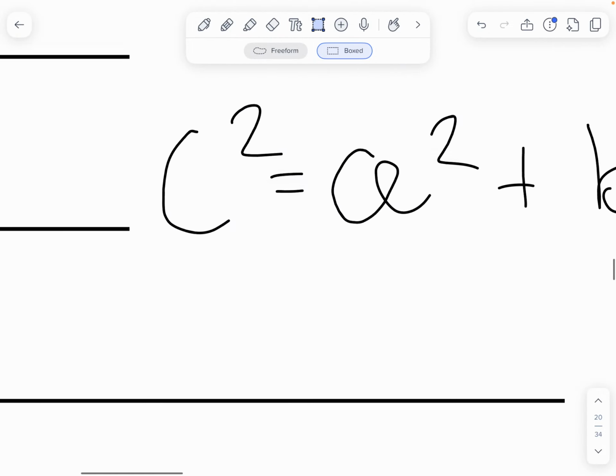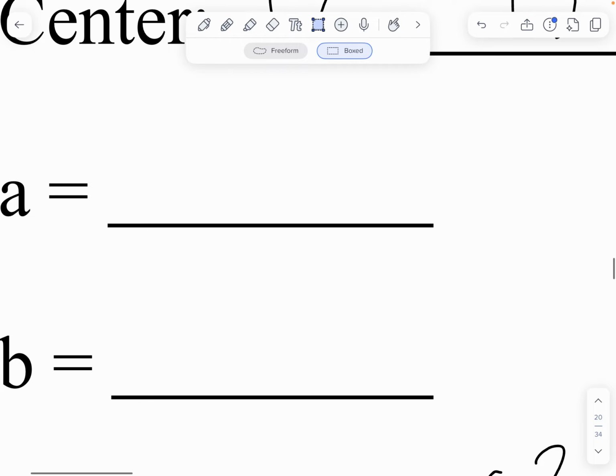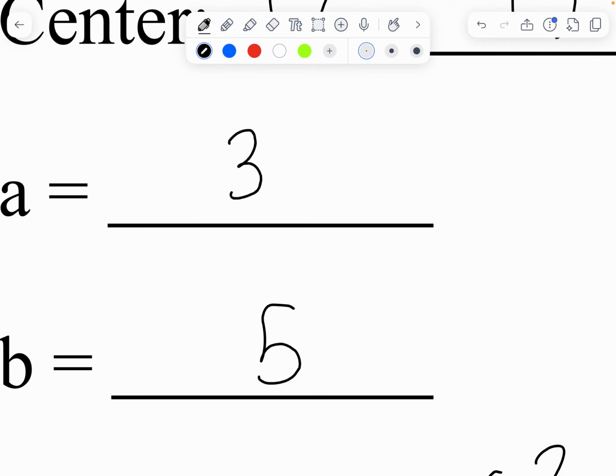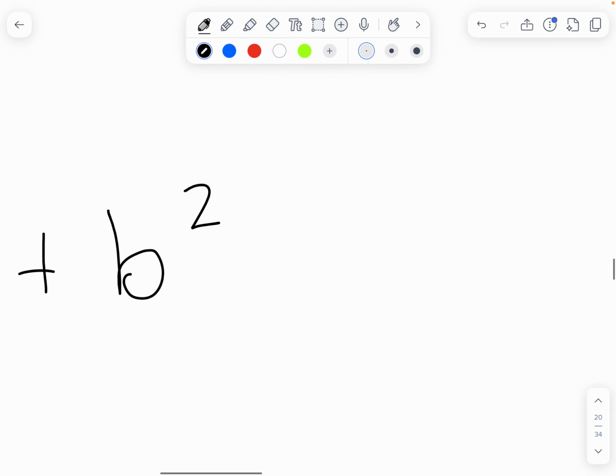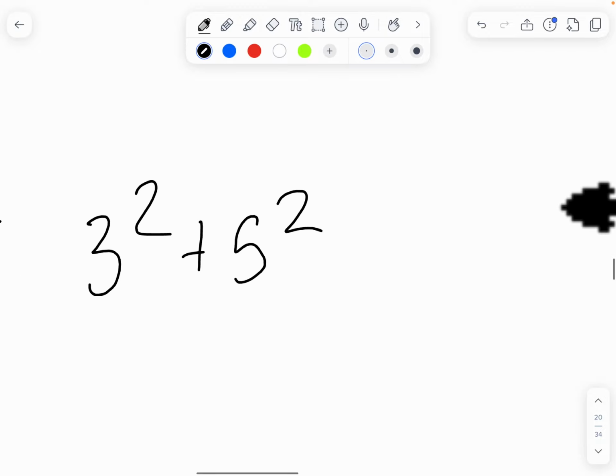Now let's find the values of a and b. The square root of 9 is 3, and the square root of 25 is 5. And c squared equals a squared plus b squared, which is 3 squared plus 5 squared, so c equals root 34.